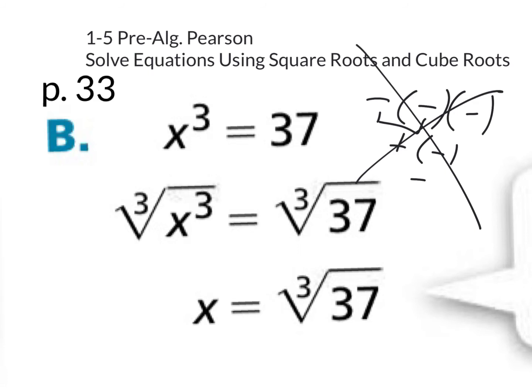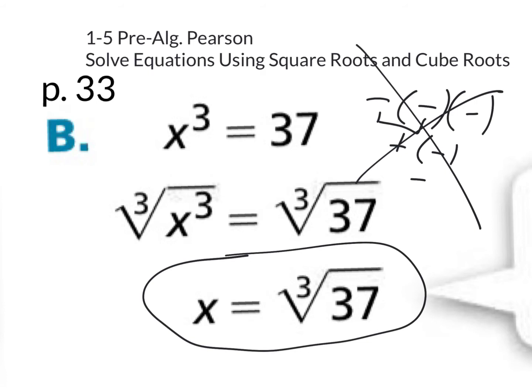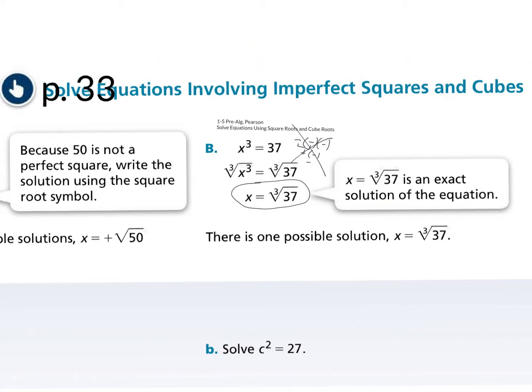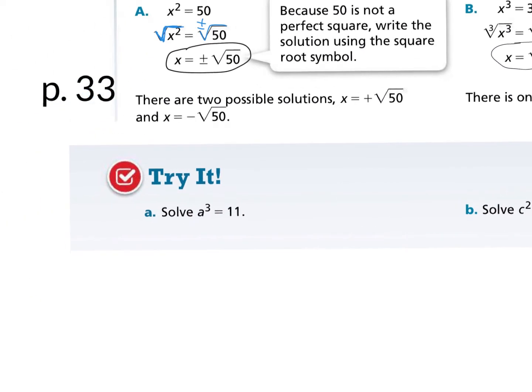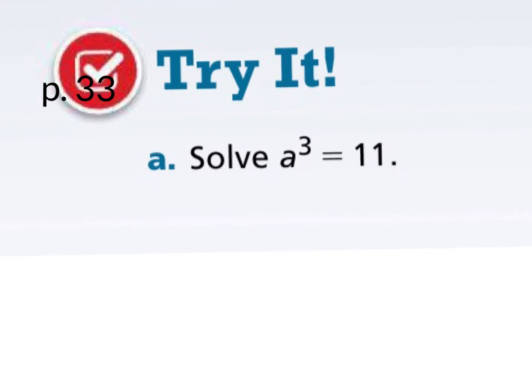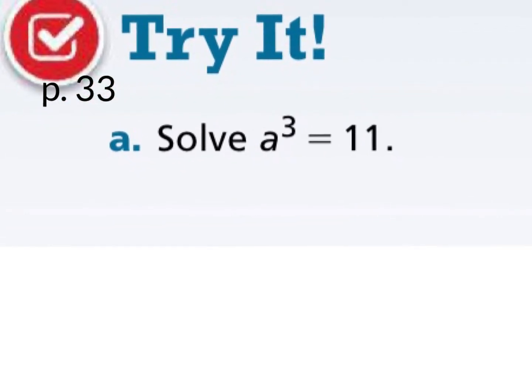So cube root of 37, and that doesn't come out evenly either. So I know that's maybe not a very satisfying answer, but that's our answer for this problem. So if we look at the try it part A, we are solving a cubed equals 11. I'm just going to rewrite it underneath, just so I've got a little bit more room.